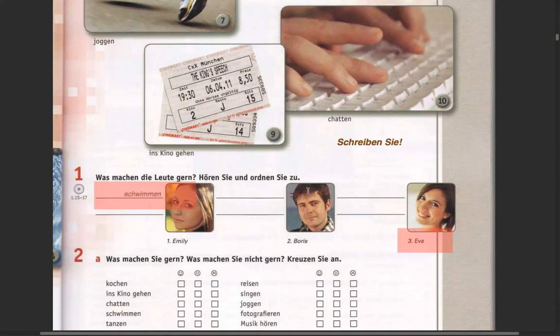Und dann chatte ich mit den Leuten, die ich auf meinen Reisen getroffen habe. Drei. Hey Eva. Hallo Maja. Du, Eva, was machst du eigentlich gern? Ja, also ich fotografiere sehr gern, zum Beispiel Freunde, Kollegen, Leute. Und am Wochenende tanze ich gern.